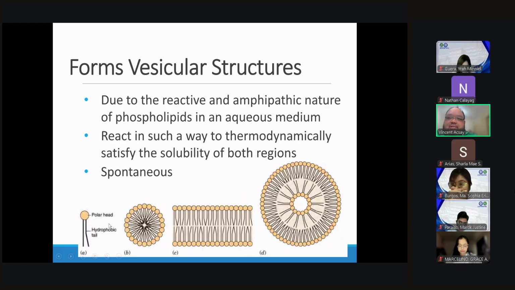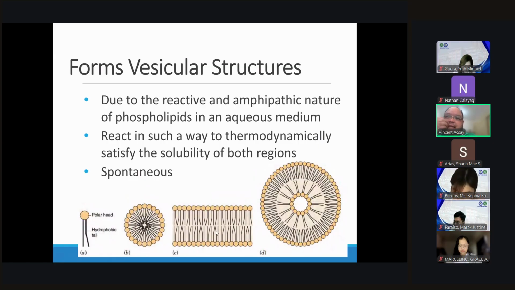So now that we understand how this structure, the head and two tails, is formed, they now have the property of forming vesicular structures.